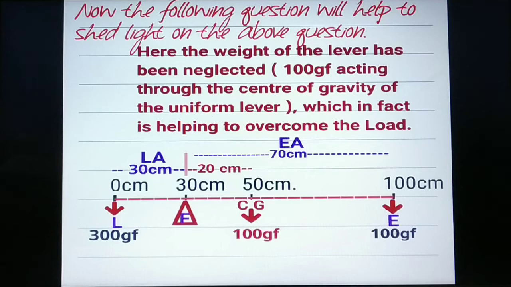Here the weight of the lever has been neglected, that is 100 gram force acting through the center of gravity of the uniform lever, which in fact is helping to overcome the load in this case.